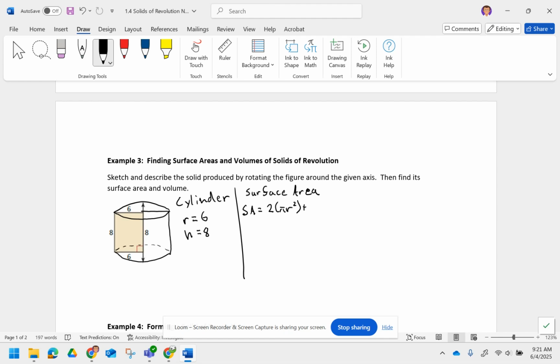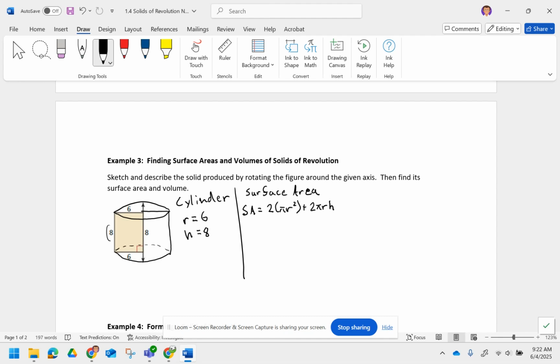Well, we already know the height of that rectangle, which is going to be 8, but we also need to know what is that distance around the circle, because that's going to determine how long that paper would be. Well, that's going to be the circumference of the circle, 2 pi r. So we're going to have 2 pi r times h. And that's going to give us the area of the rectangle around the cylinder.